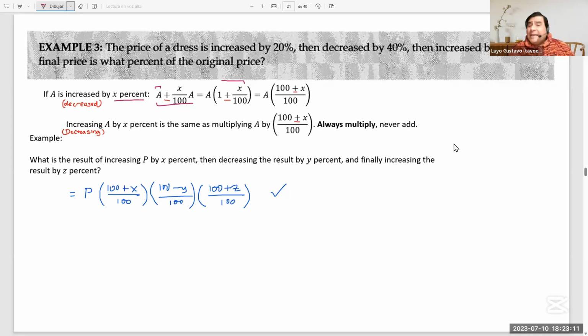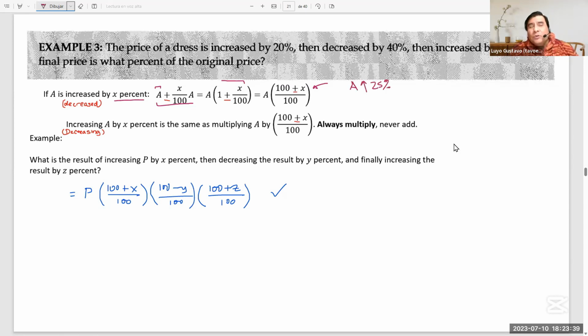So, what is the idea? The big idea here is whatever percent increase you want to apply on an initial amount, you can interpret that as a multiplication by some factor of this form. Use the plus sign if it is a percent increase. Use the minus sign if it is a percent decrease. Example, I want to increase quantity A by 25%.